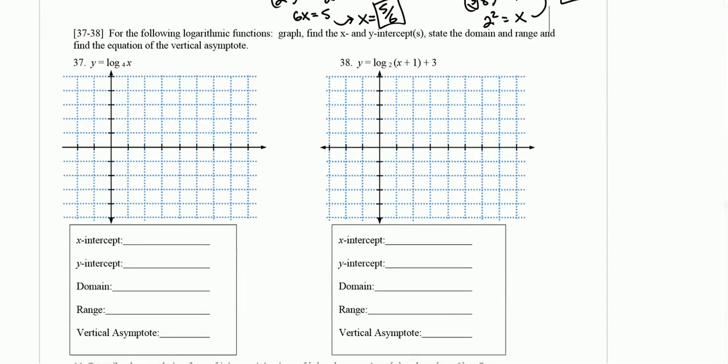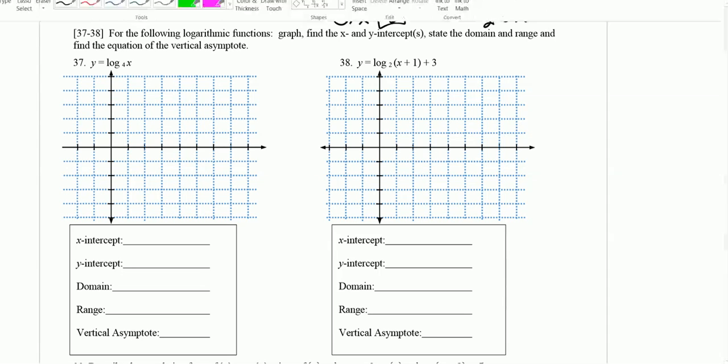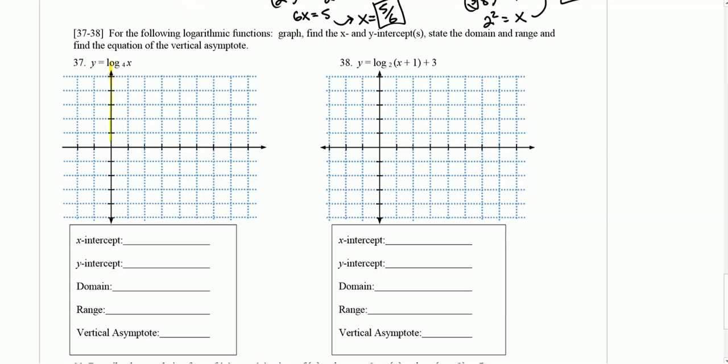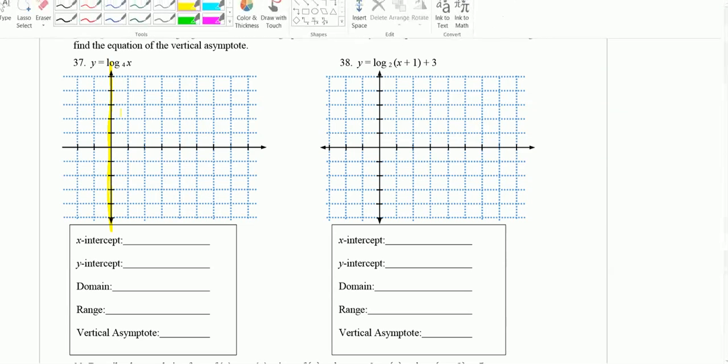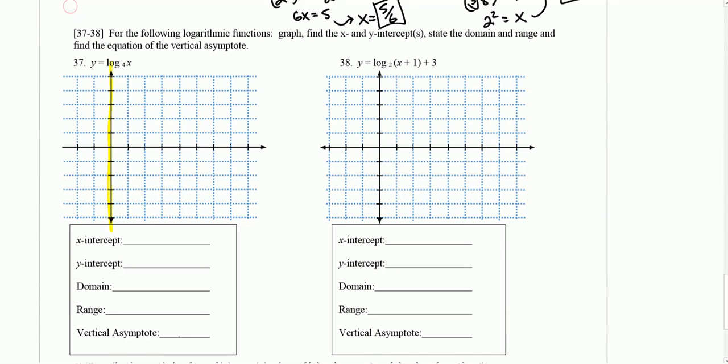Number 37, we have an equation, and this is just your basic log function, and so it has a vertical asymptote right down the x-axis, sorry, the y-axis, and the equation of that is x equals 0.